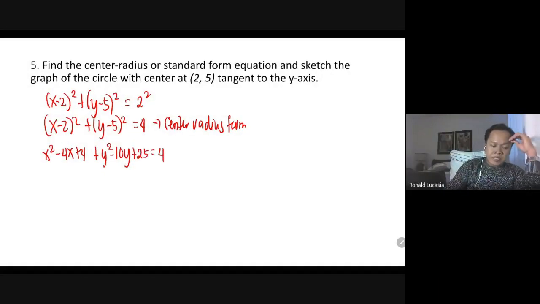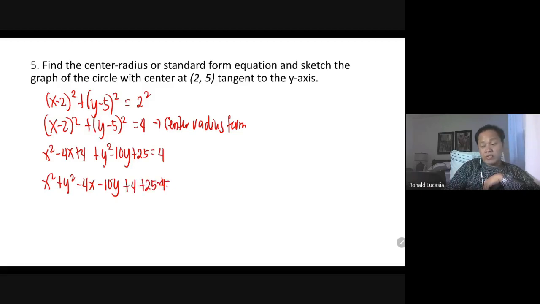Rearranging the terms, that's x squared plus y squared minus 4x minus 10y plus 4 plus 25 minus 4 is equal to 0. So we have now x squared plus y squared minus 4x minus 10y. This one is 0, so it's plus 25.